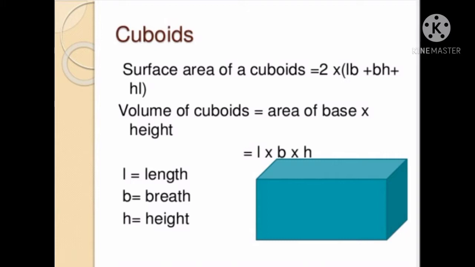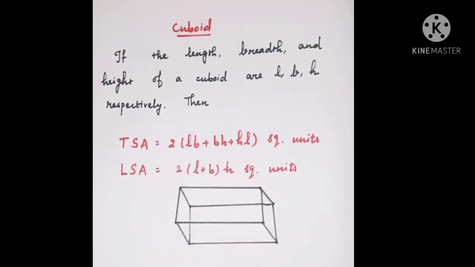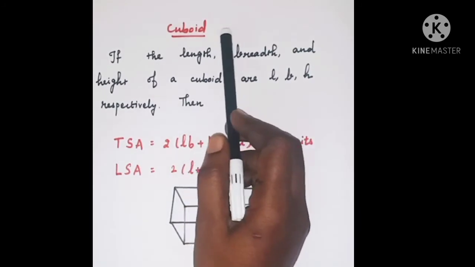Now let us learn about some exercise problems in 7.4 and 7.5. Mensuration is the 7th chapter in your textbook. Cuboid.